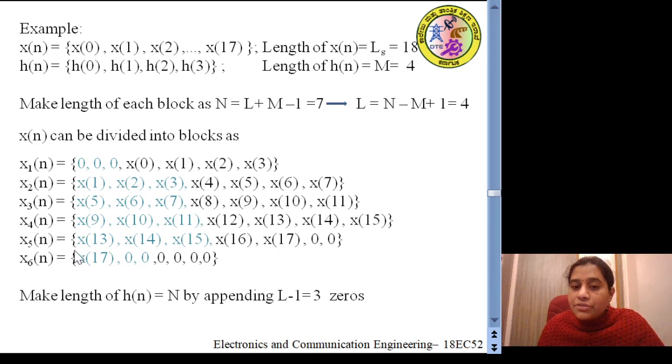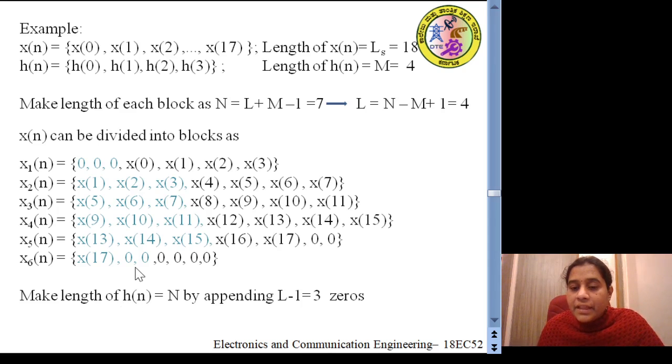See, x1 of n, x2 of n, x3 of n, x4 of n, x5 of n, x6 of n. Now we will call this as xi of n. Here our i value is varying from 1 to 6.